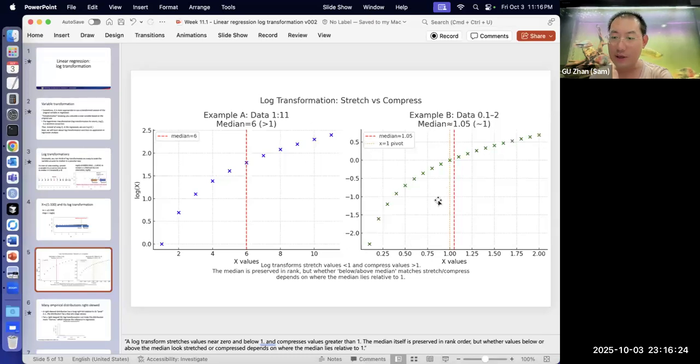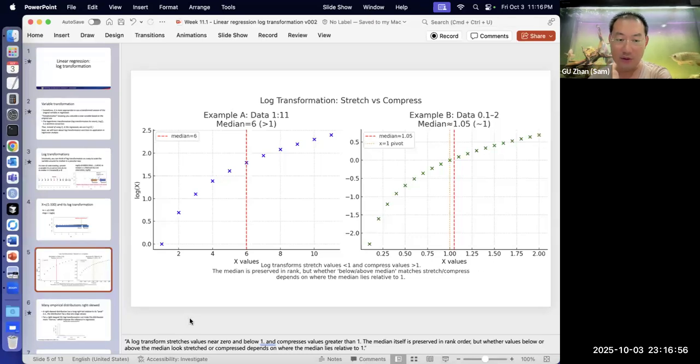However, when you look at the right side, this example B, the x values are from 0.1, 0.2, 0.3 up to 2, with a step of 0.1. We see that for values smaller than 1.0, the relative distance of each x actually gets stretched, and for those values greater than 1, they get compressed.